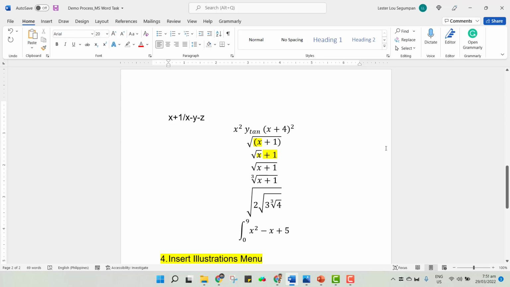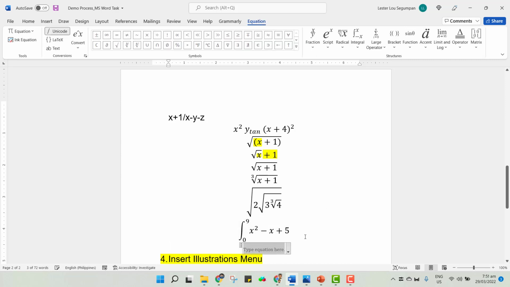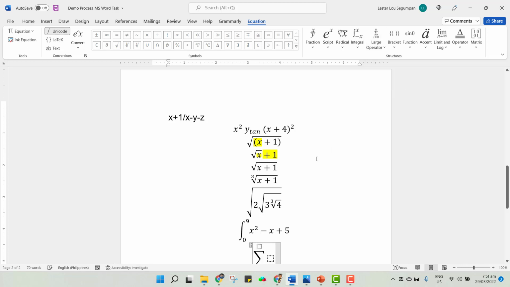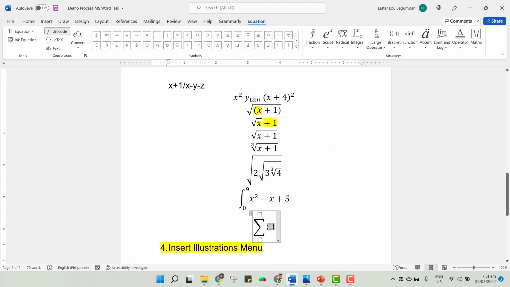Another structure that I could also share to you here is for the summation notation. You could use this summation notation. And the formula for the mean of the grouped data, summation of fx over n.